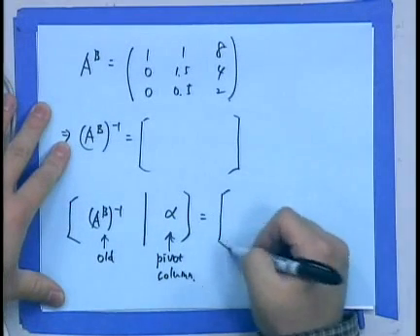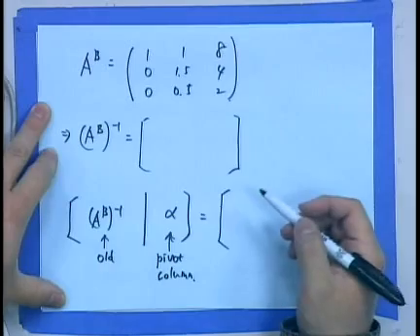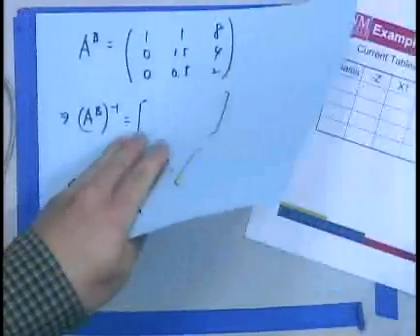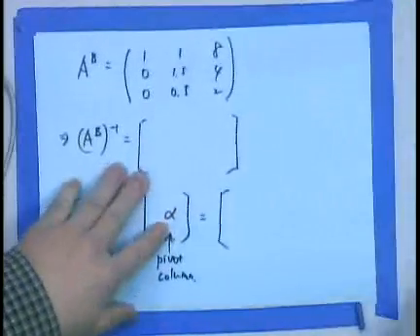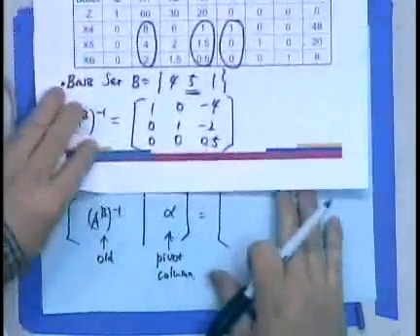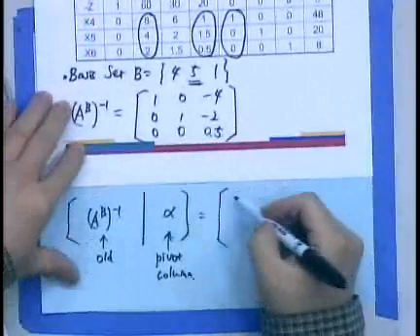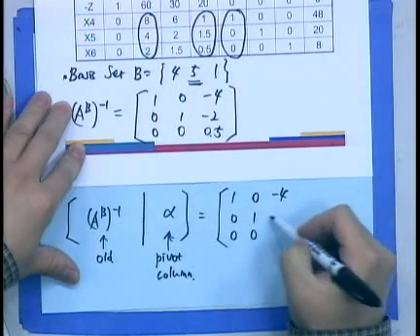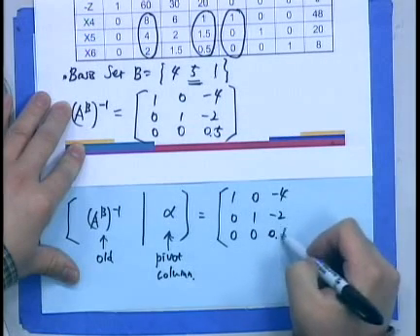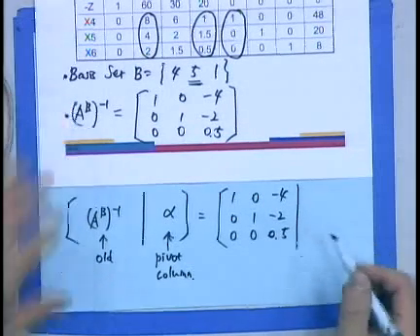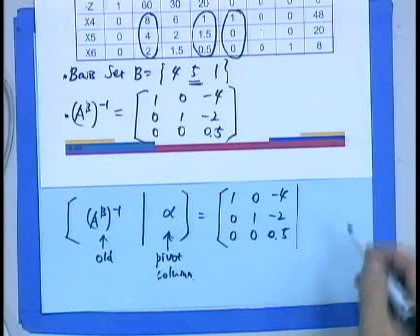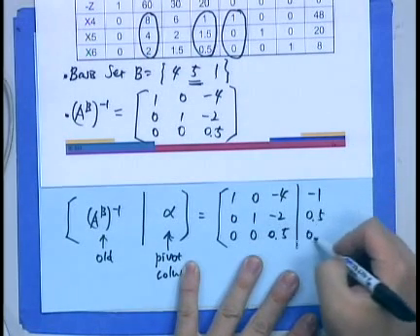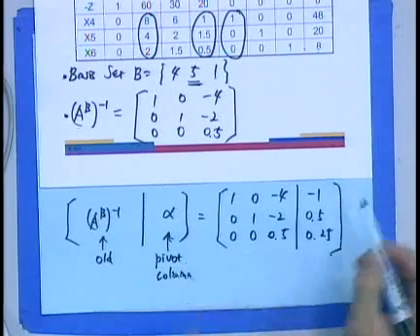And so the old basis inverse matrix is this, right? 1, 0, 0, 0, 1, 0, negative 4, negative 2, 0.5. And alpha is negative 1.5, 0.5, 0.25, right?